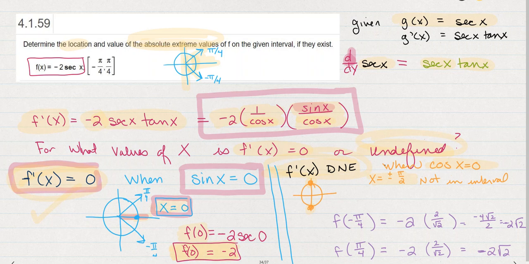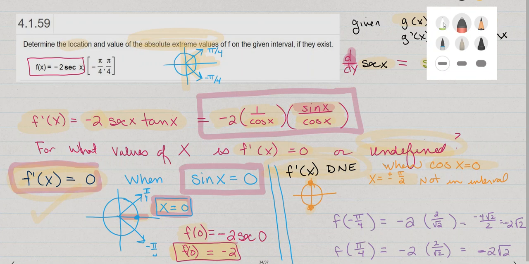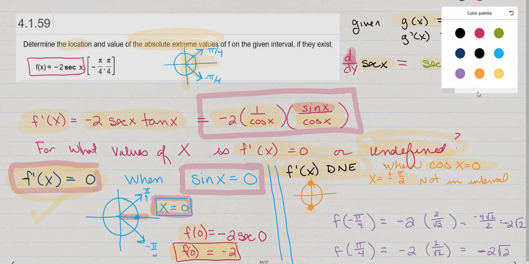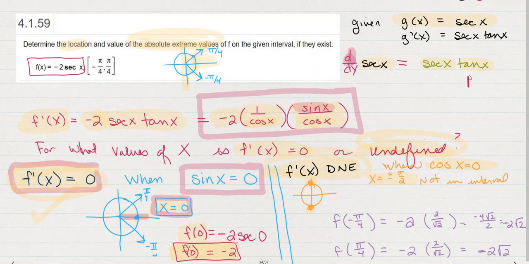What we would do next is find the value of the function at each of those critical numbers. So we only had one of them, 0. And then at the end points, the opposite of pi over 4 and pi over 4.